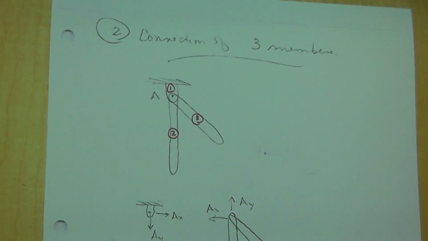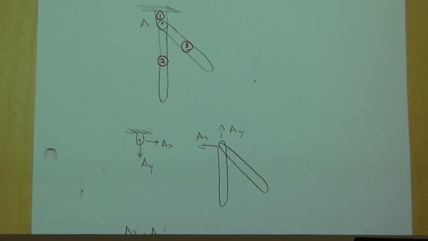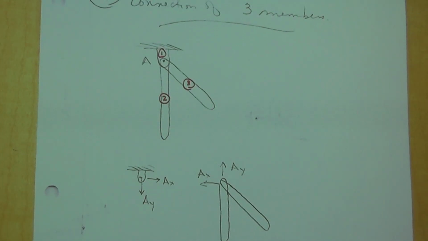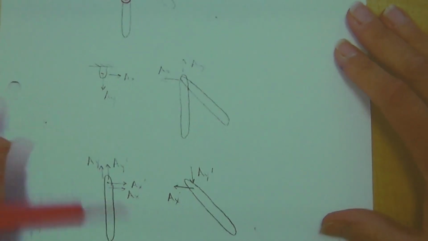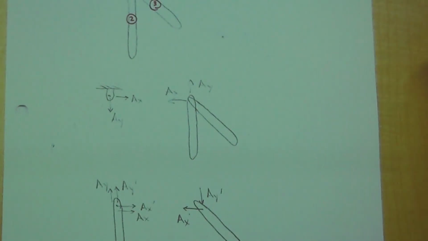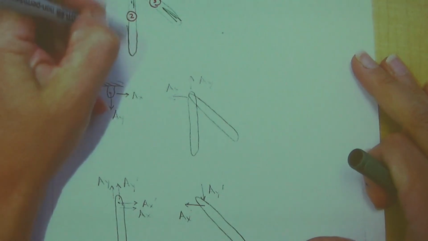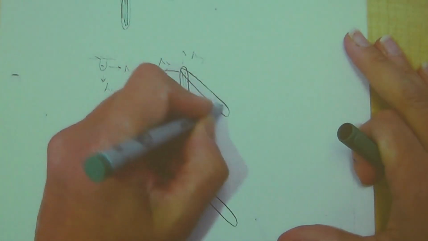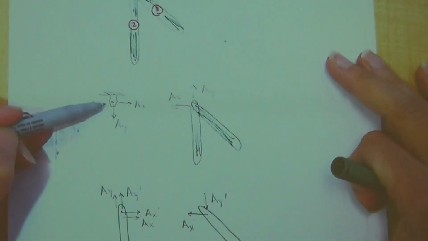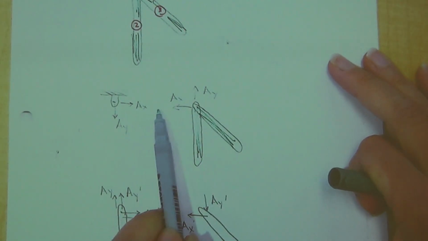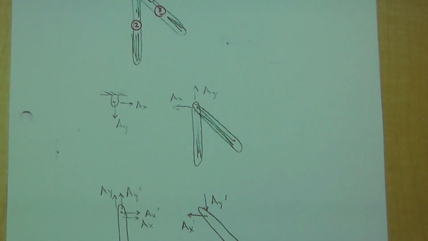Whenever I separate things, I have to account for it by what? Reactions at the supports. So when I take this green member and this green member together, and I separate it from its main support, I have to account for it. And it's a pin, so I put an AX and an AY. Everybody happy with that?